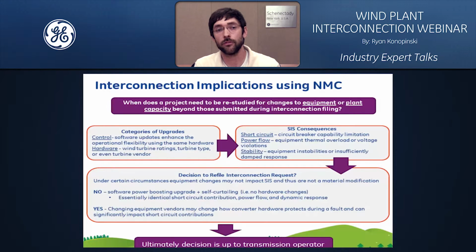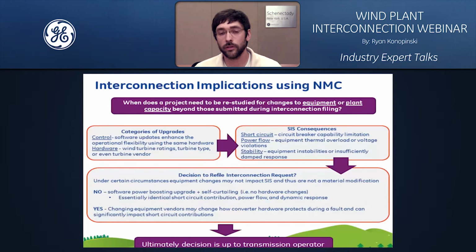Hardware updates come in the form of hardware changes, whether in the form of turbine ratings, so it could be a new turbine model that comes out, possibly a turbine type, or even changing the turbine vendor. And in the end, the evaluation of whether or not a particular upgrade is deemed to impact the system impact study is through evaluation of the short circuit, power flow and stability risks to the power network.